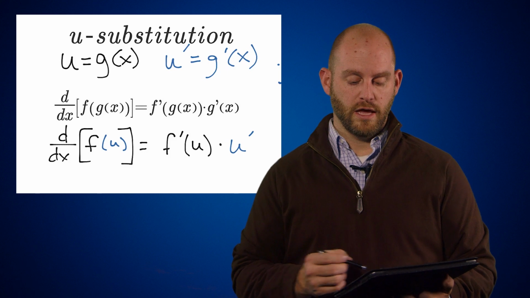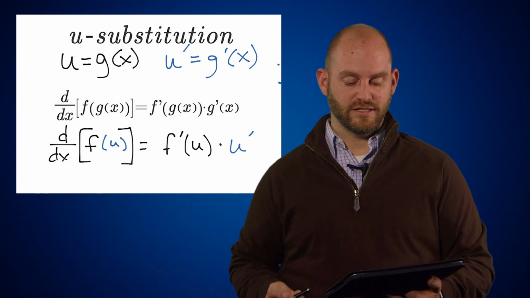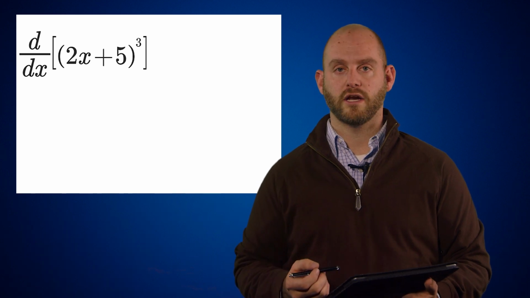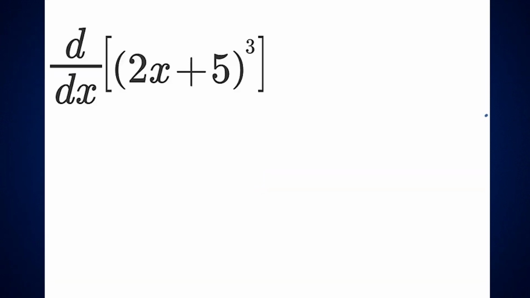All right, so if we look at the exact same example we looked at before, the derivative of 2x plus 5 quantity cubed, we can now define u to be the inside piece. So we're looking at the inside function, or the g of x function. We'll let u be 2x plus 5, and then we'll make u prime. We'll take the derivative of u, which would be 2.